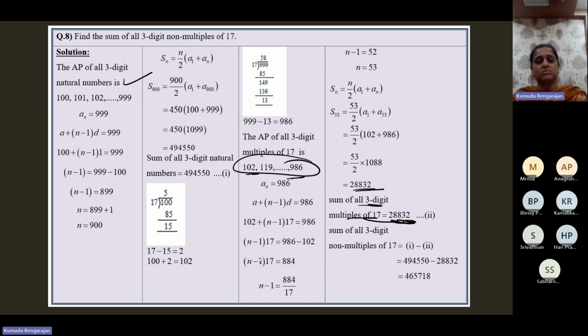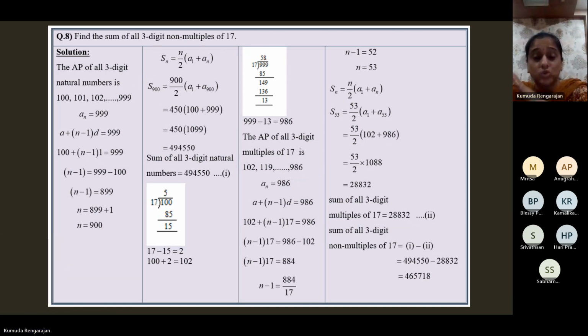So now the difference between these two numbers, that is the sum of all 3-digit numbers minus the sum of all 3-digit multiples of 17, will give you the sum of all 3-digit non-multiples of 17. The difference.